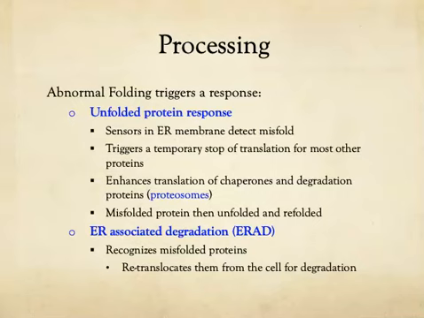So when the misfold is detected and translation is temporarily halted, that allows the cell to increase the translation of more chaperone proteins, and even some proteins that are involved in degrading misfolded proteins. Those proteins are referred to as proteasomes. Misfolded proteins are going to be refolded, or I should say unfolded, and then refolded, using a lot of these newly made chaperone proteins.